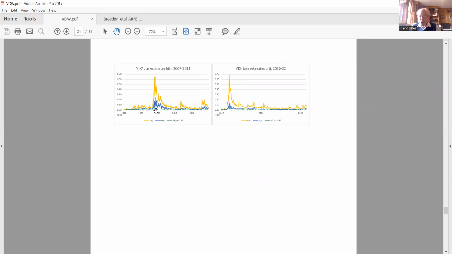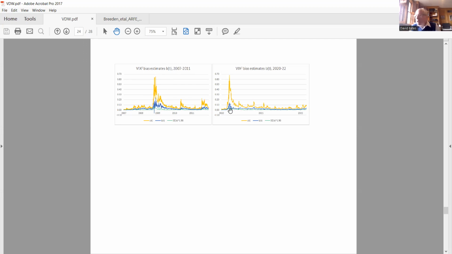So here's the financial crisis when the VIX shot up to exceeding 80%. And you can see that the bias rose substantially as well, except for this term on October 20th. But the bias is definitely a major component of the errors the VIX was making in terms of predicting future realized variance during this period.